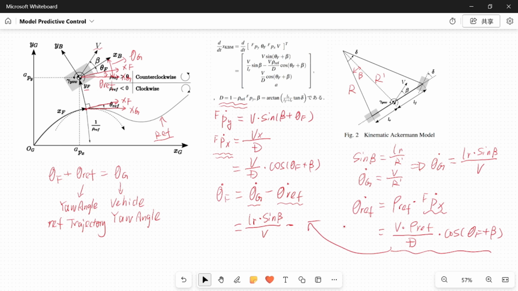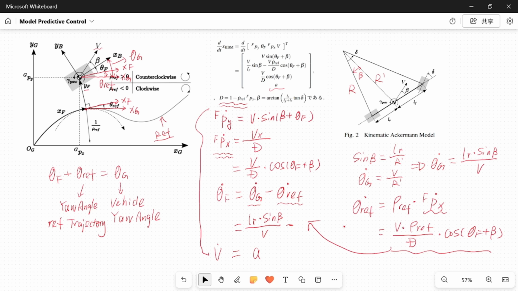The final parameter is V dot, the derivative of the speed of the vehicle, which equals acceleration A. This is simple. So now we form the seemingly complex non-linear state equations from the paper, like this.